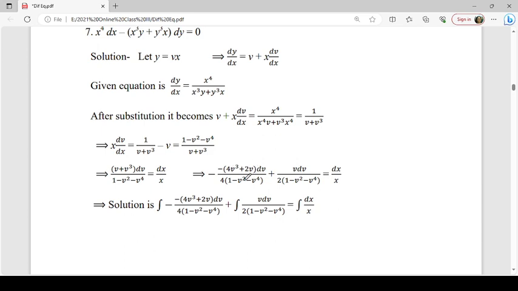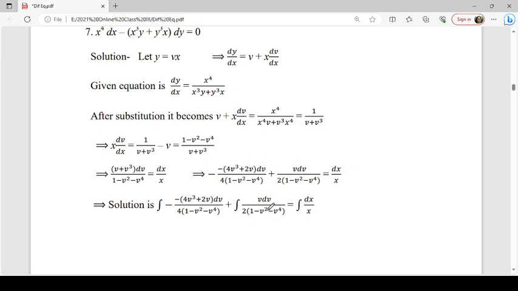So if we substitute this as z, then this is dz. So to make this equal, we again add this fraction, and after adding this one, v by this one, so that we can make it equal, v minus v cube is equal to this fraction plus this fraction, and this is z, this is dz.